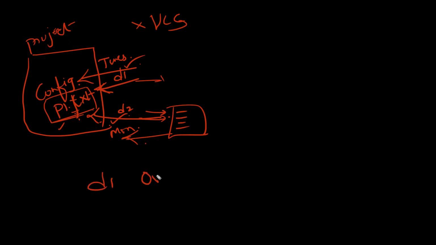Developer 1's changes will overwrite the changes of developer 2, because developer 2 kept the file back first, then D1 kept his changes. So D1's changes will override D2's changes, right? If this keeps continuing, always overwriting may happen, the project may get messed up, the project may get corrupted, right?